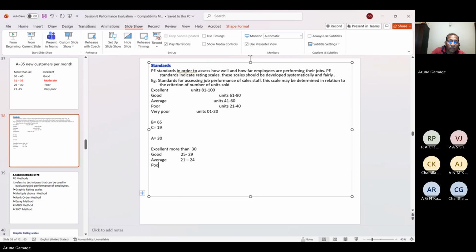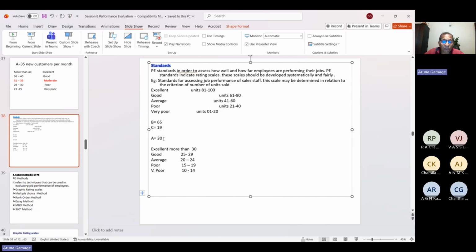Poor, 15 to 19, then very poor, 10 to 14.